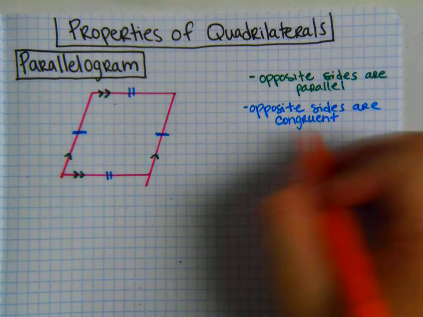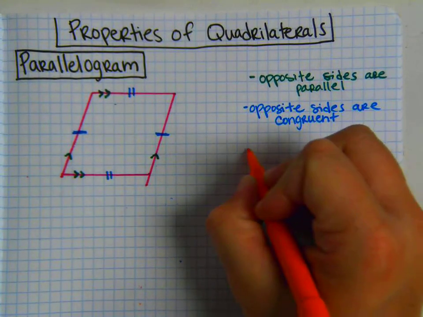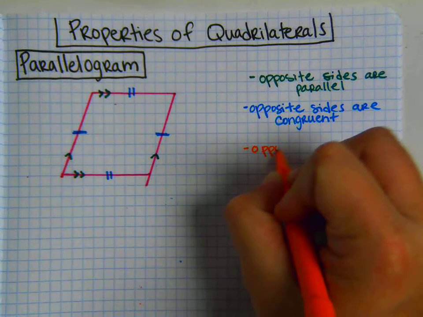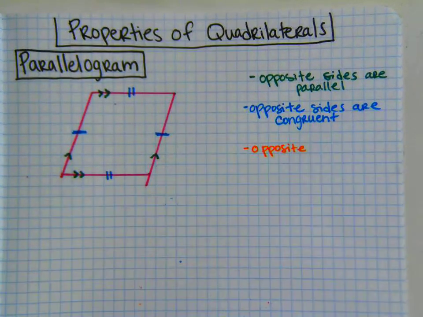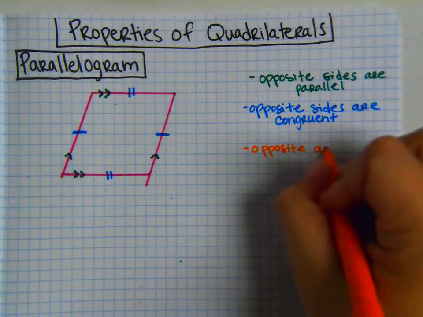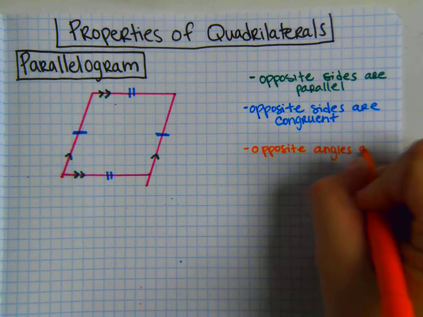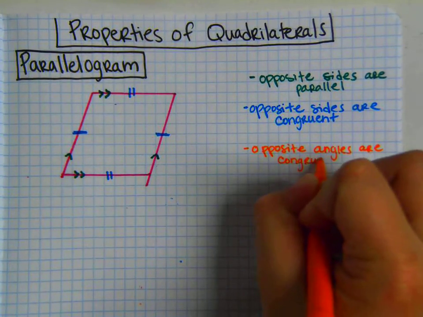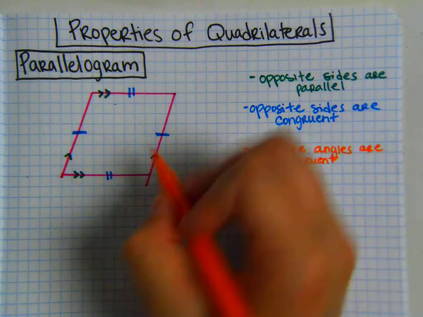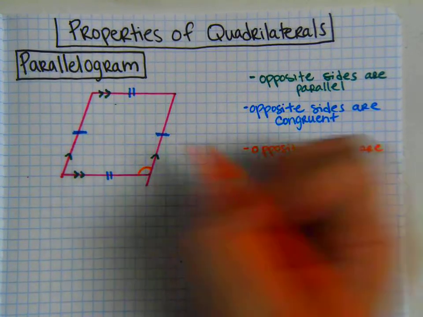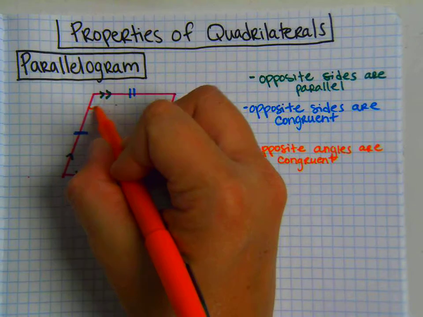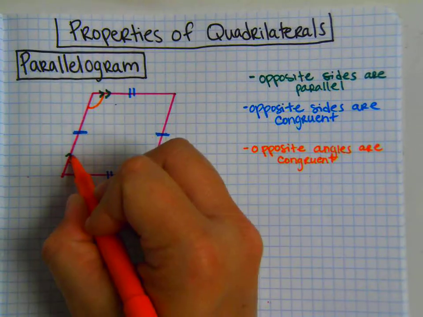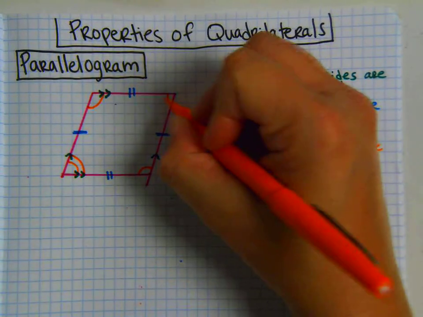The next property that we know, opposite angles are congruent. So that means this angle is congruent to the one opposite, and this angle is congruent to the one opposite.